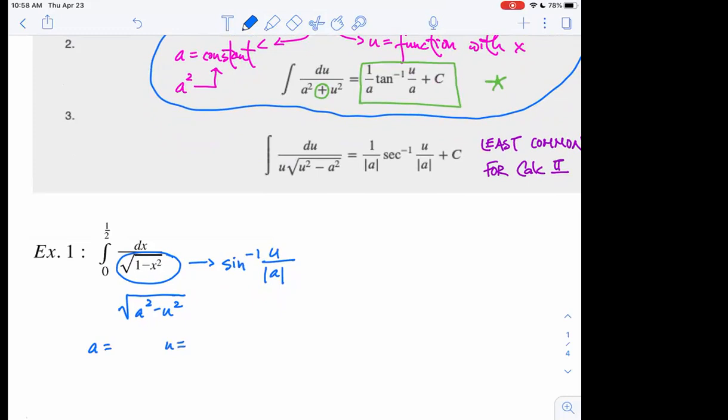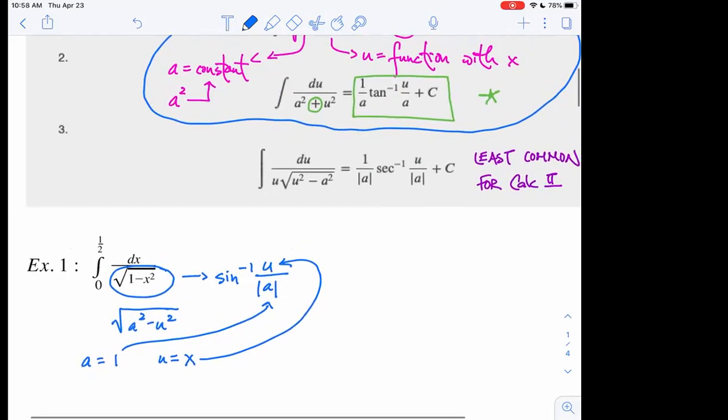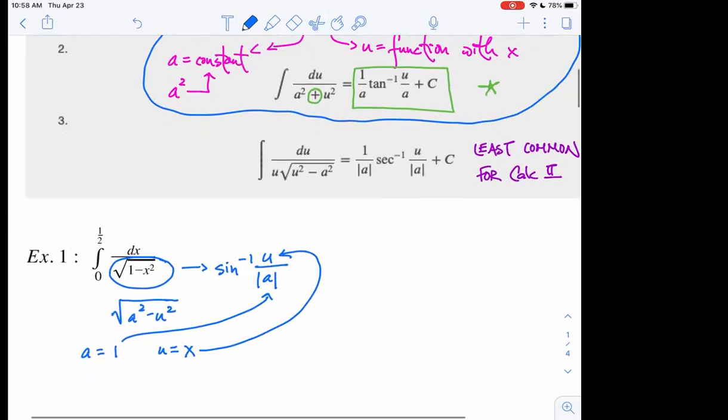So my a squared is 1, so my a is 1. And my u squared is x squared, so my u is x. So everywhere that I see an a, I'm going to be able to put 1. And everywhere I see the u, I'm going to be able to put x. And let's go ahead and write out what that would give me.